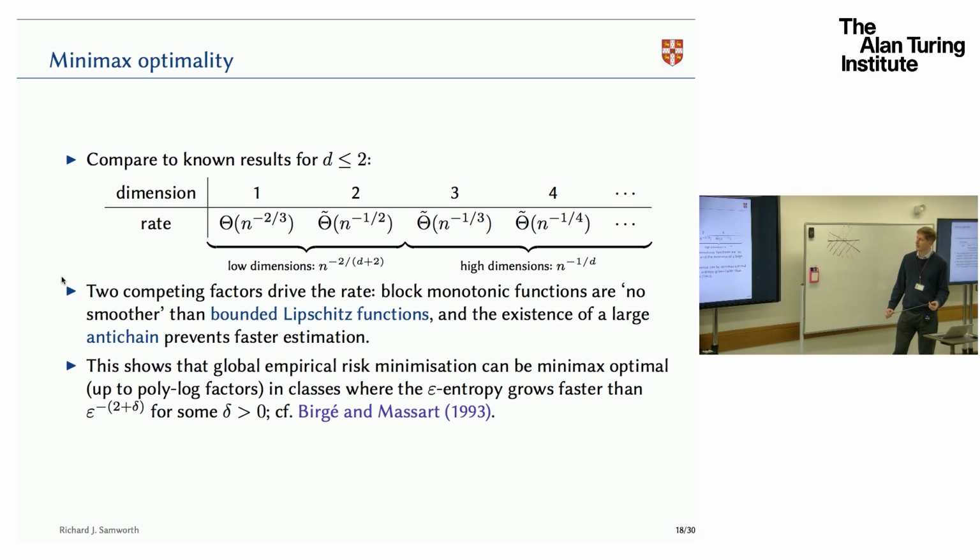But what we're seeing here is an example where, even though this entropy integral does diverge rapidly, we are still attaining the minimax optimal rate up to polylogarithmic factors. So I think that's the first example where that's been seen, and I think it'll be very interesting to see to what extent this is typical behavior, and to what extent there's really something exceptional going on here. And I think for theoreticians, there's something really to get one's teeth into here.